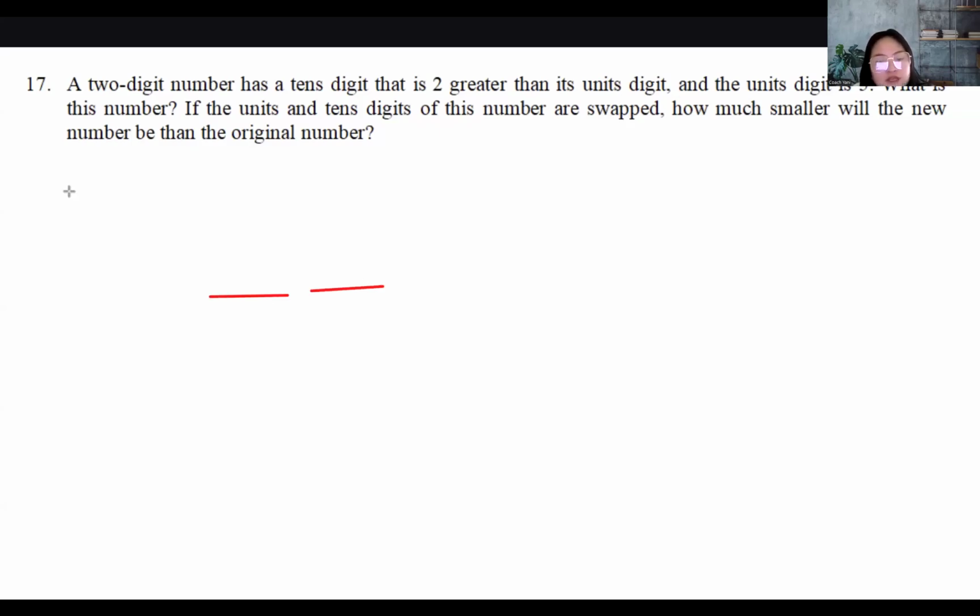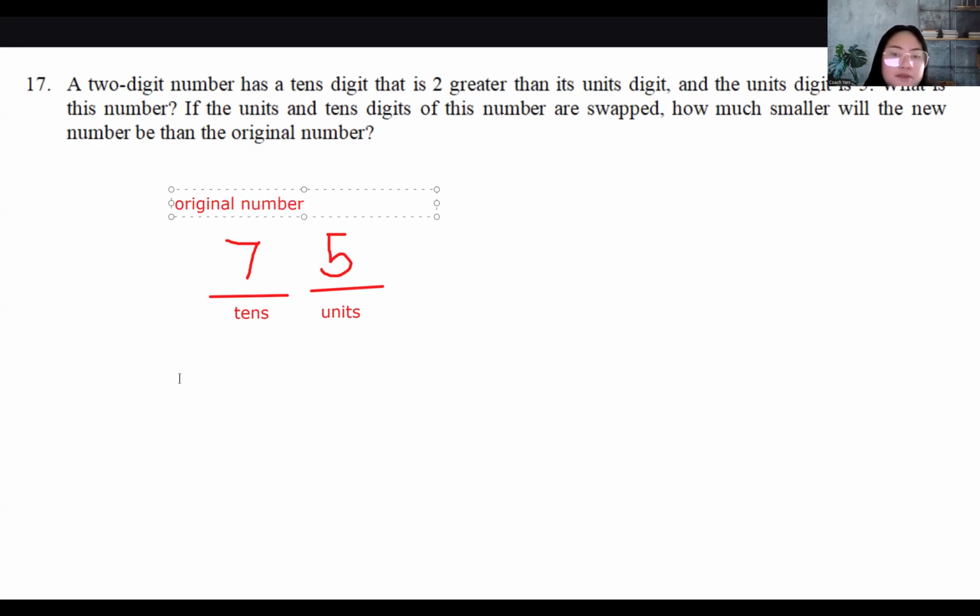So this one is the units place. And this one is your tens place. So it says here the units digit is 5. So you put 5 in the units digit. And then the tens digit is 2 greater than its units. So that is just 5 plus 2, which is equal to 7. Okay? So your original number is 75.